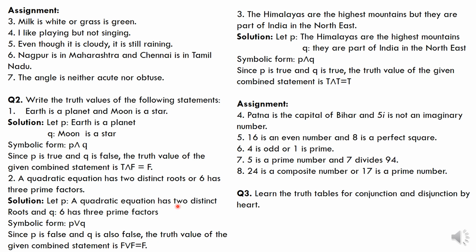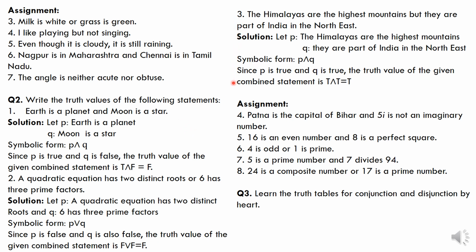A quadratic equation can have either one distinct root or two distinct roots. Hence P is false. Q is also false because 6 has two prime factors 2 and 3. Thus the truth value of the given combined statement is P or Q, that is false or false, which is false. Have you understood how to do these sums now?